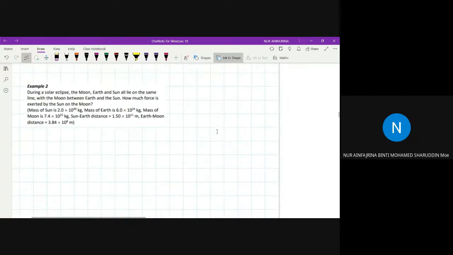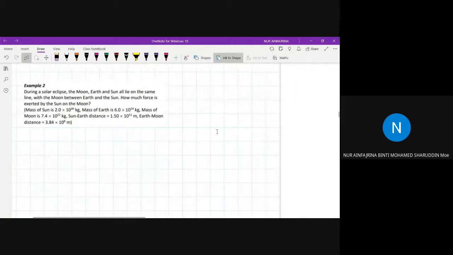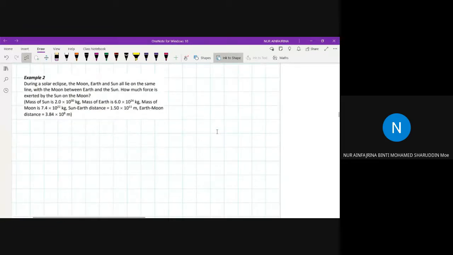So now is example 2. Dia cakap apa? During a solar eclipse, the moon, earth and sun all lie on the same line with the moon between earth and the sun. Okay, maksudnya sekarang awak akan ada moon. Okay, so moon awak dekat sini. Okay, and then you will have your earth and sun.